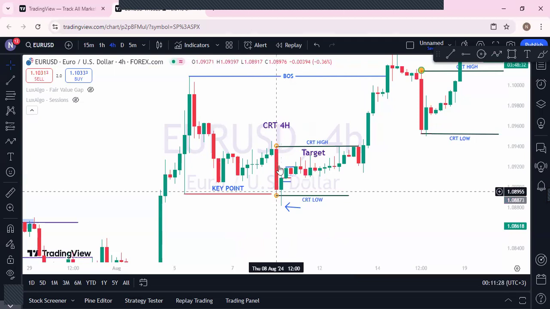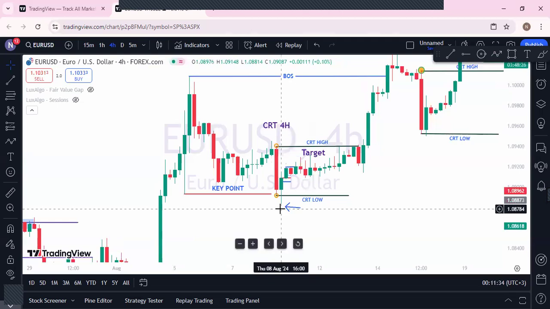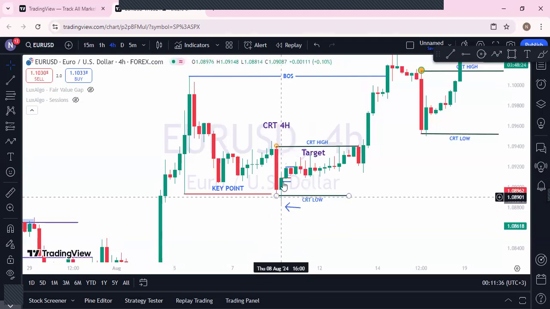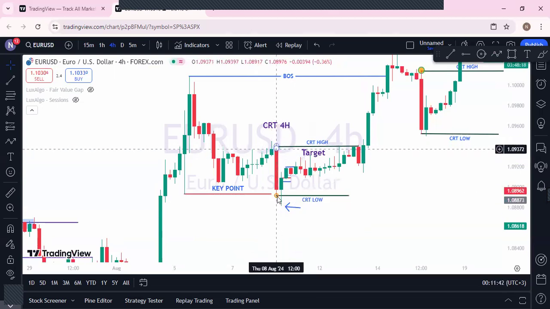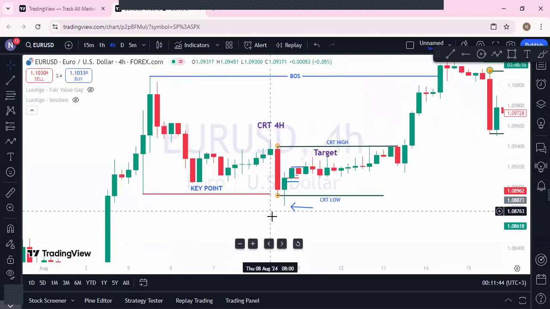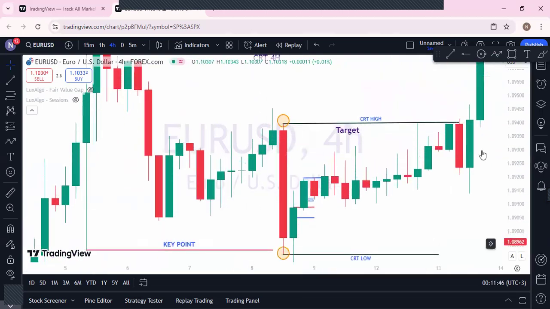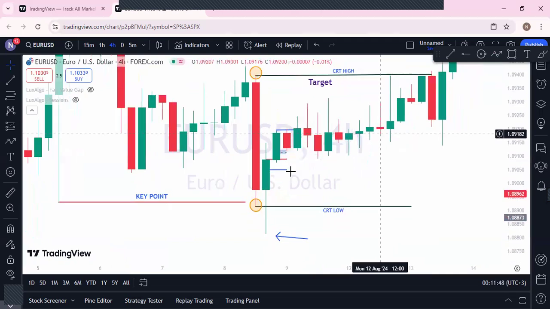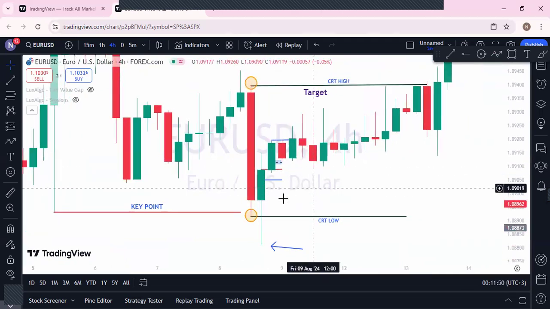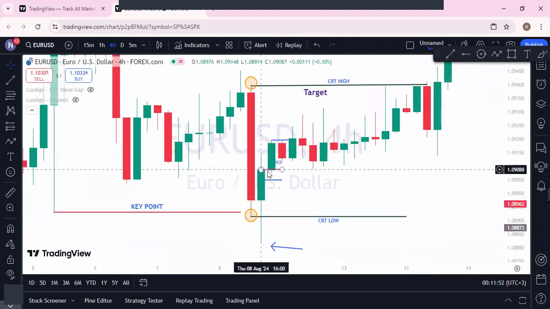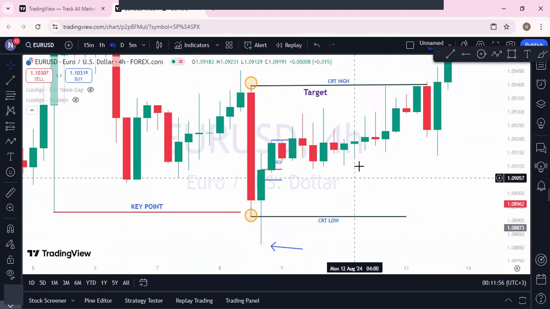After this candlestick completed forming, the next candlestick, that is candle number 2, followed, then swept the liquidity of the first candle, then closed above the CRT low.